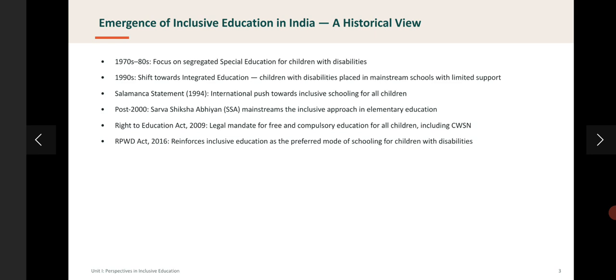So the pre-independence era is nothing but India having a very glorious past with respect to the treatment and educational opportunities provided to its disabled population. The pre-independence era consists of the Vedic era and the medieval era. These are the two eras. During the Vedic era, in ancient India, great rishis and gurus were known to provide equal treatment to their people irrespective of their social status or expressional or non-expressional abilities.